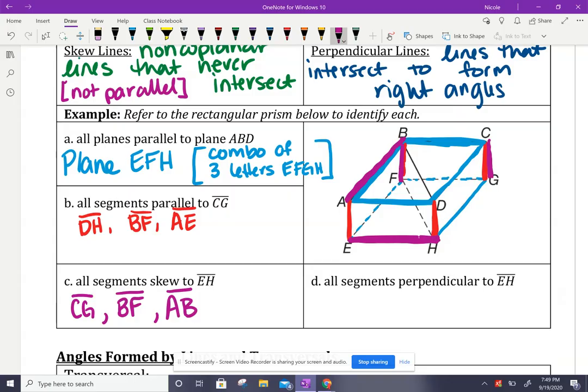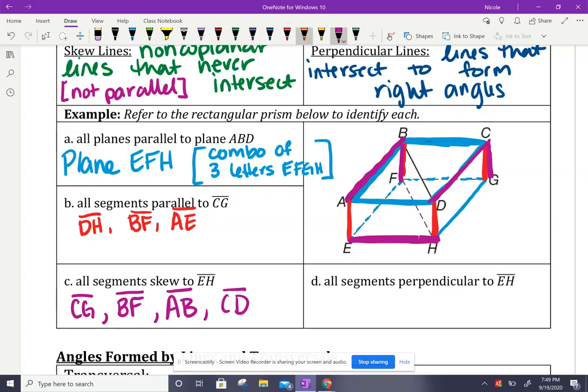And similarly, the same segment on the other side, which is CD. So cannot be parallel. So we couldn't use FG or BC because those would be considered parallel with EH. So it's instead going to be CG, BF, AB, and CD.